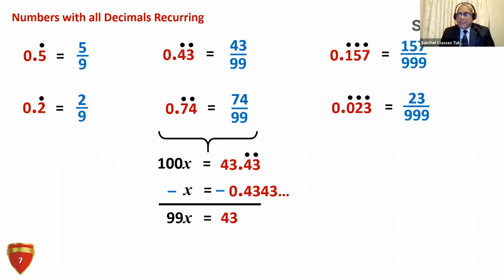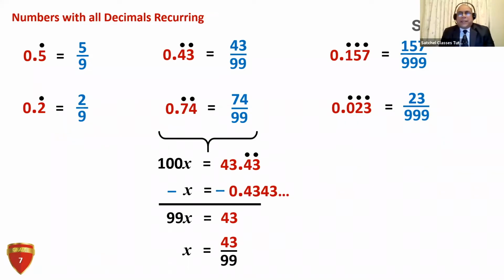How did that magic happen? We have 43.43 recurring take away 0.43 recurring. The recurring decimals cancel, and I'm left with 43. Hence x is 43 over 99. This is how we can convert a recurring decimal into a fraction.